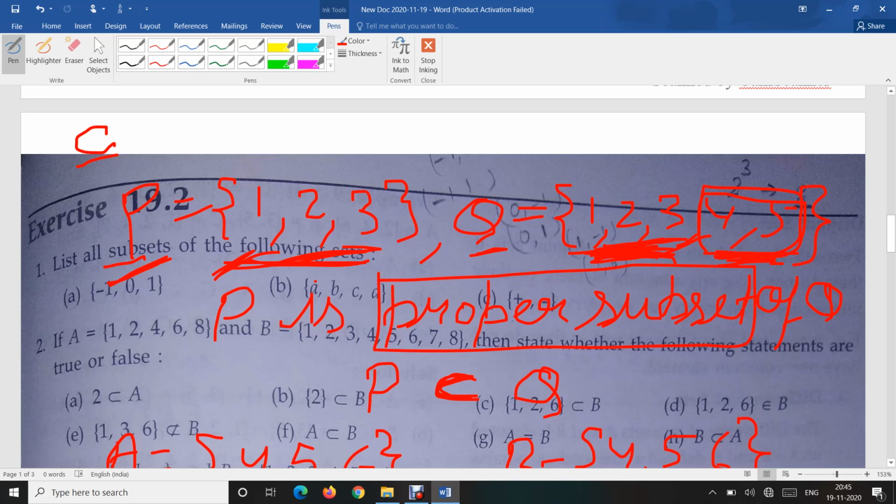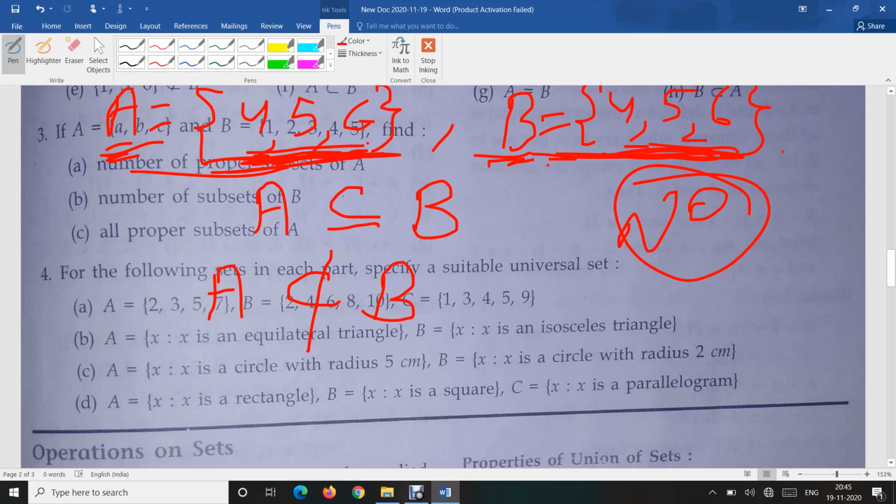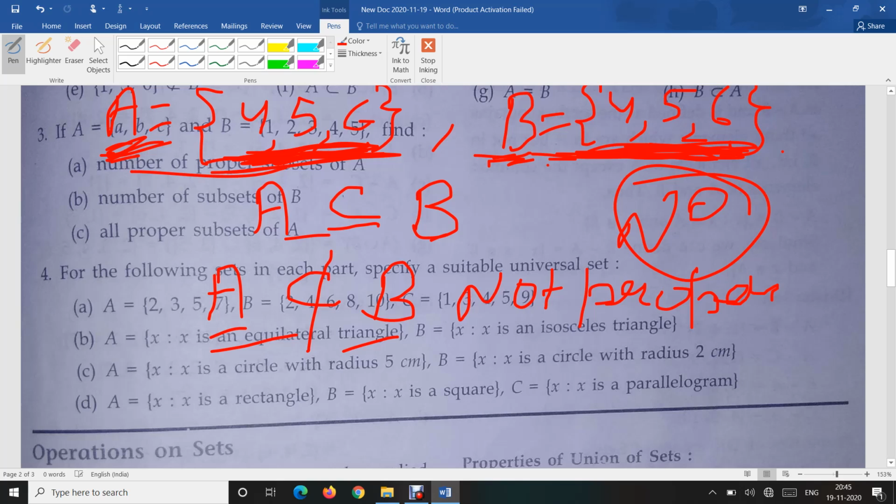Just like in the below example, set A is equal to 4, 5, 6 and set B is equal to 4, 5, 6. So both sets have the same elements. A is the subset of B, but A is not the proper subset of B. It is necessary that both sets do not have the same elements to become a proper subset.